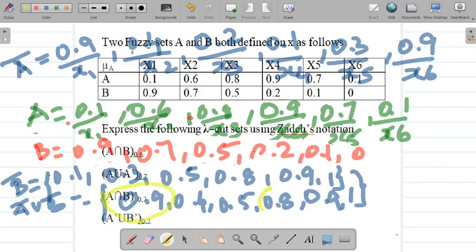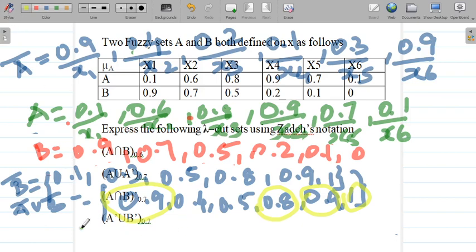Next one is 0.8, then 0.9, then 1. So the answer is A bar union B bar with lambda cut 0.7 equals x1, x4, x5, x6.